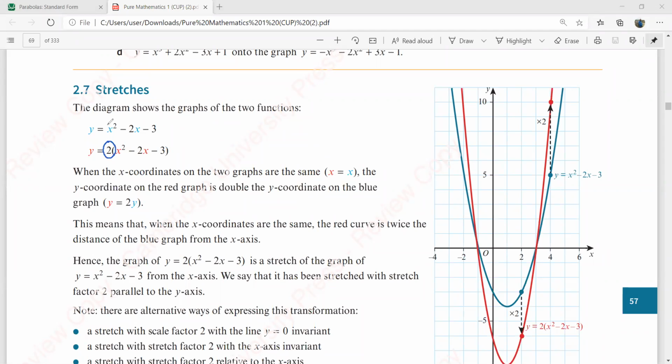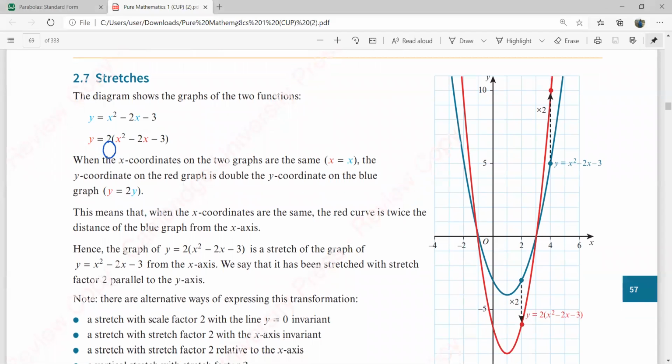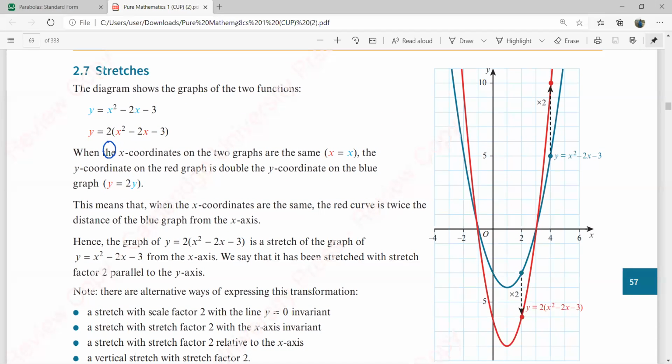If the whole equation is being multiplied by 2, that is basically a vertical stretch. And you can see that all these distances are being doubled here. Should I explain this, or is it clear to you now how these distances are being doubled? Is that clear? Hello? Yes, sir. Okay.